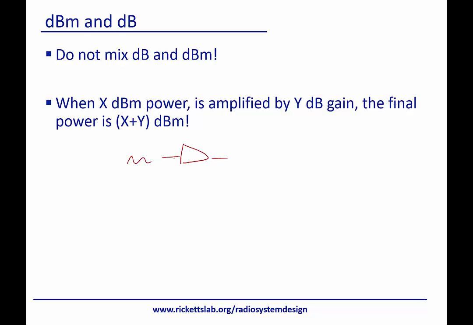If its power gain is Y and the input power is X, the output power is simply going to be Y times X. Let's say Y was a factor of 10, then it would just be 10 times.